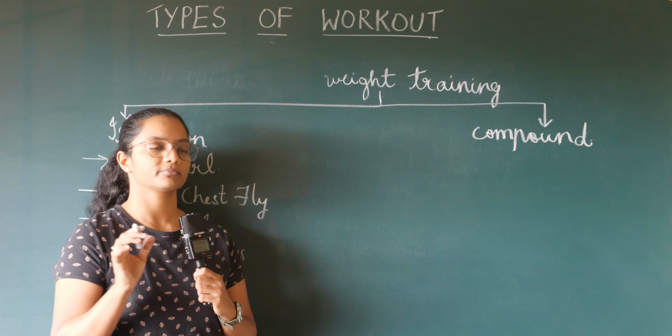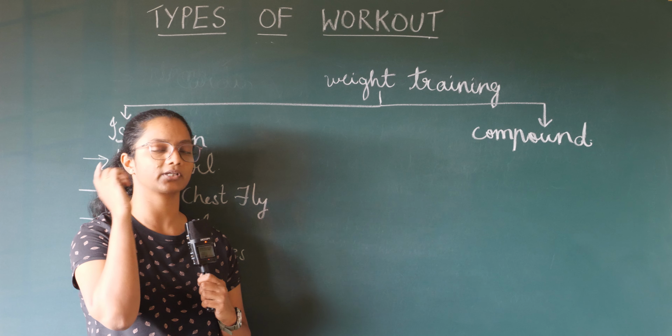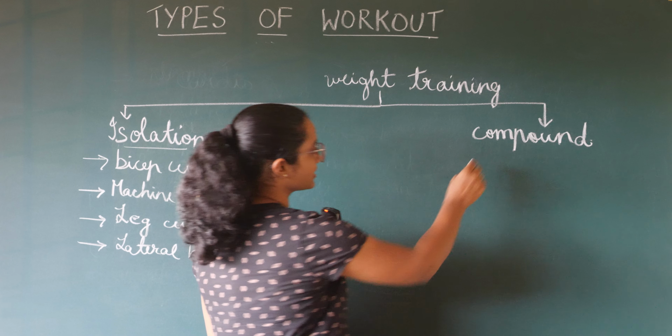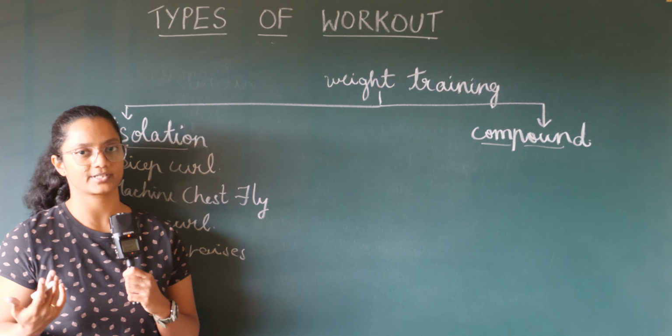So isolation movement is where there is movement taking place only at a single joint. In compound movement, there is movement taking place in two or more joints.